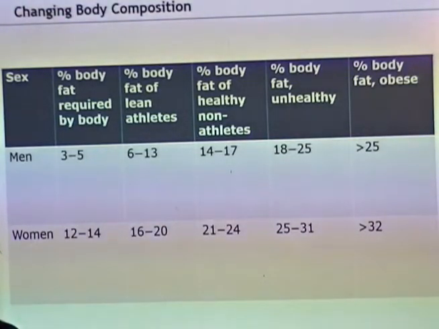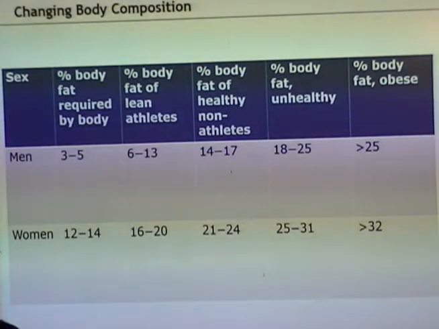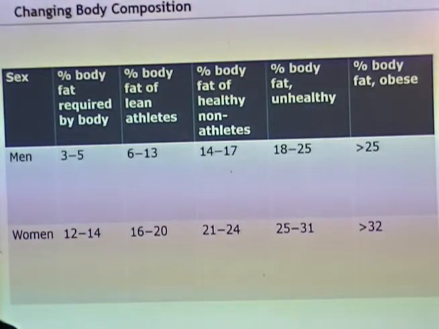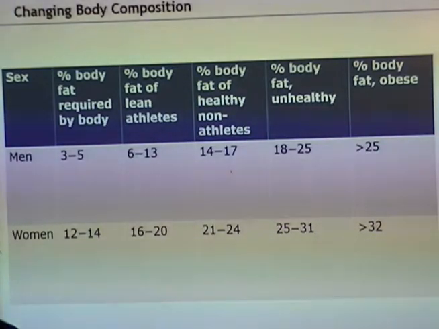Right? So an aerobically fit obese person is healthier than an aerobically unfit lean person. Right?